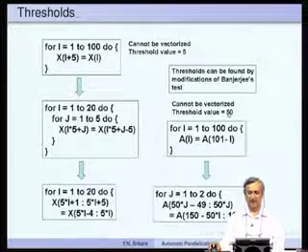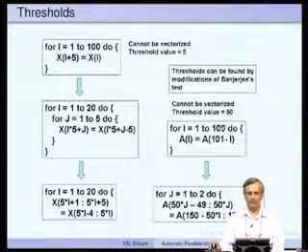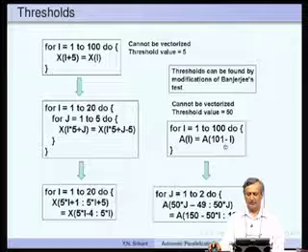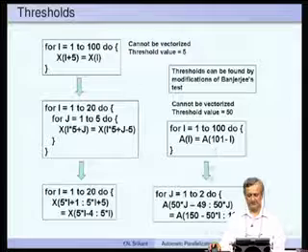So, if here the threshold value is 50, I = 1 to 100, A[I] = A[101-I]. So, up to 50 the dependence is in one direction, okay. After 50 the dependence becomes in the other direction.